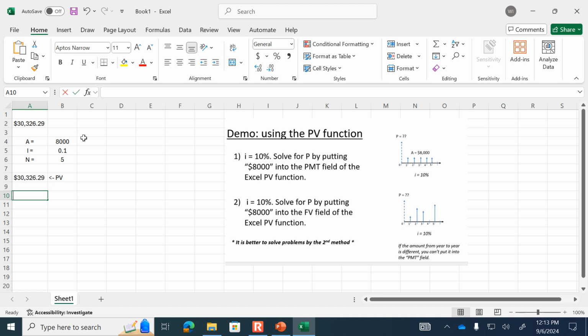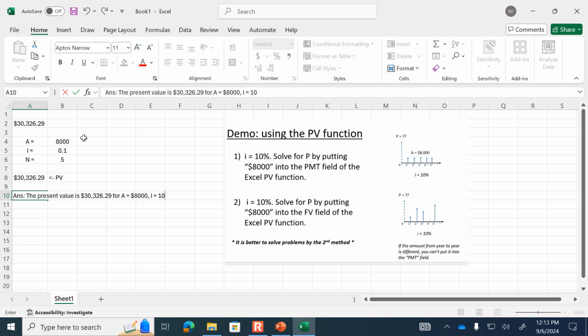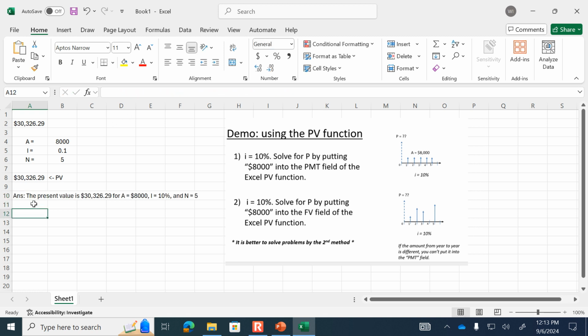Okay, so answer, the present value is 30,326 and 29 cents for A equals 8,000, i equals 10%, and N equals 5. All right, and then maybe even just to draw the grader's attention to it even further, I could highlight that cell as yellow and highlight this.